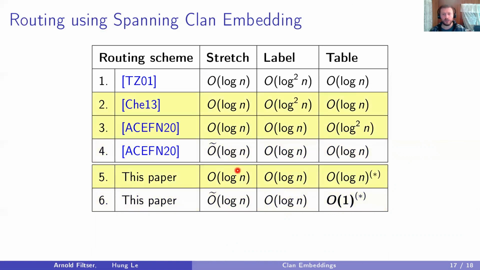And in the log n regime, there are two works, also Abraham et al. and Chechik. So we improve both of them. Compared to the work of Chechik, we get the same table and stretch while improving the label. Compared to Abraham et al., we have the same label, but improve the table. So we improve over both of them. However, of course, we have this expected table size, not worst case like previous works. Okay, so this is about routing.